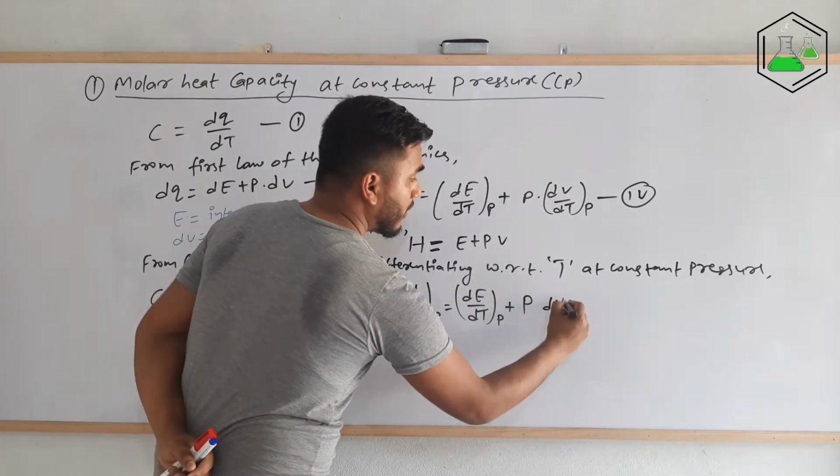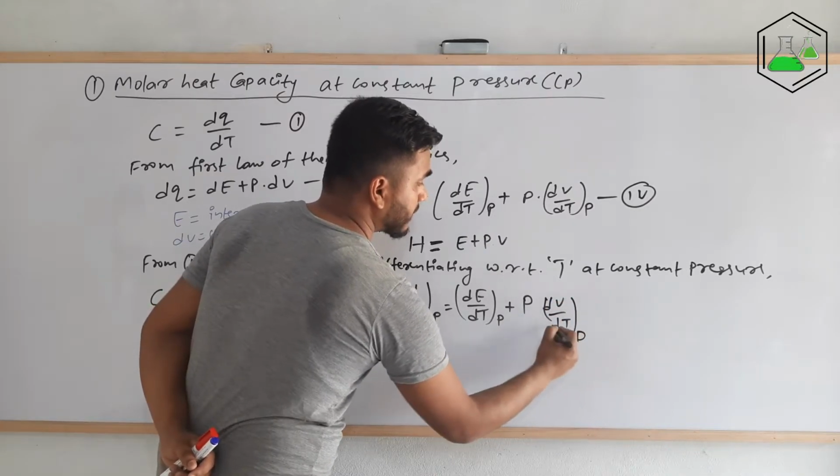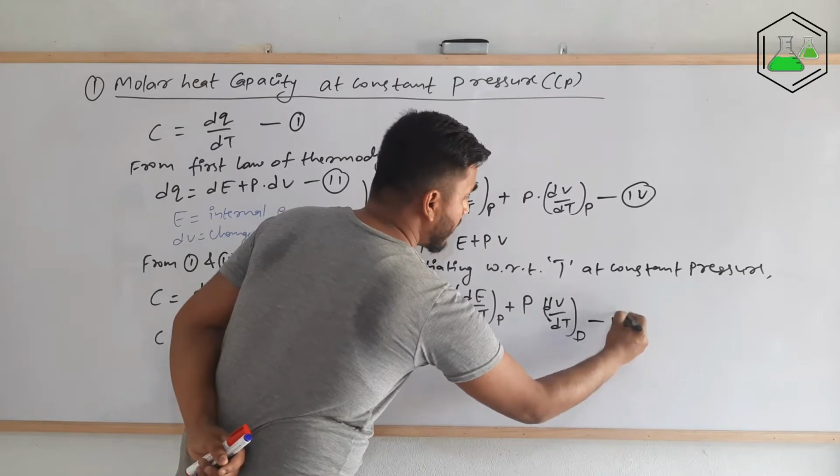So it will be (dV by dT) at constant pressure P. Let us consider it to be equation number 5.